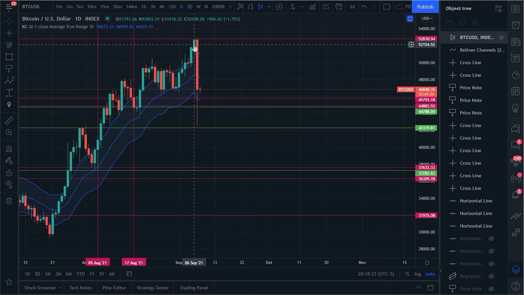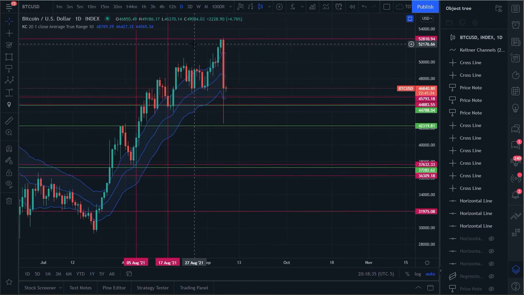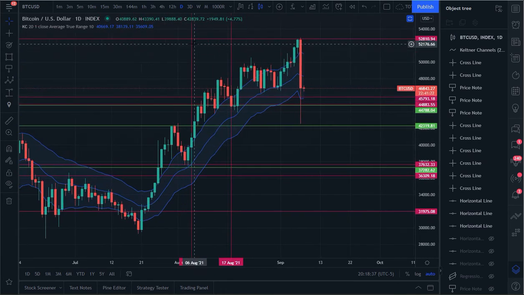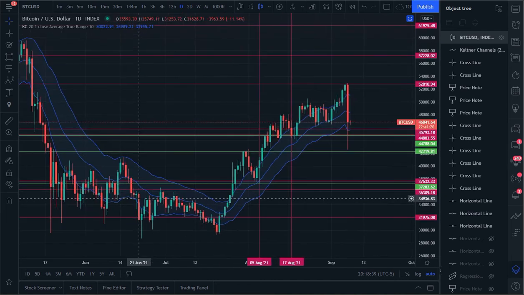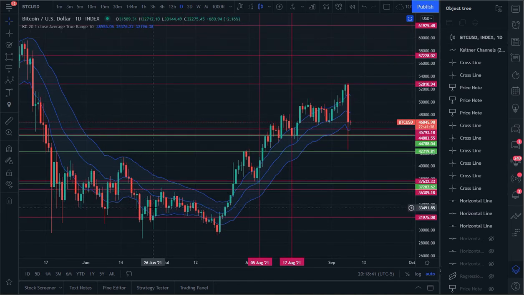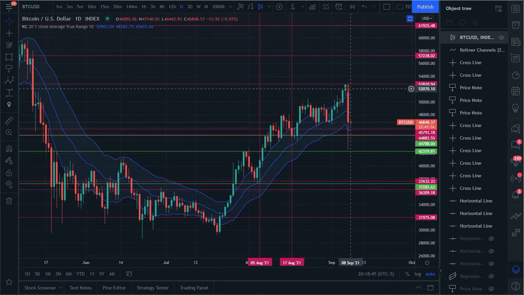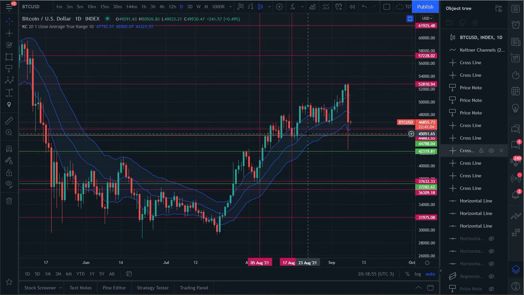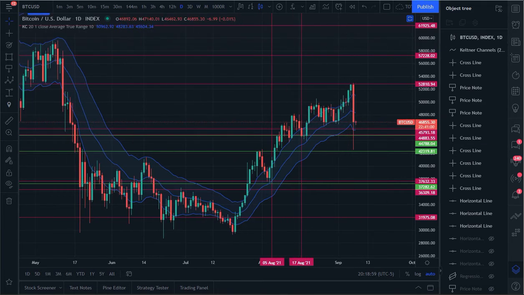So at this point, I'm sure that in our group that we are talking about this since June, there are still people that are crying because they left position here on the altcoins and similar things.